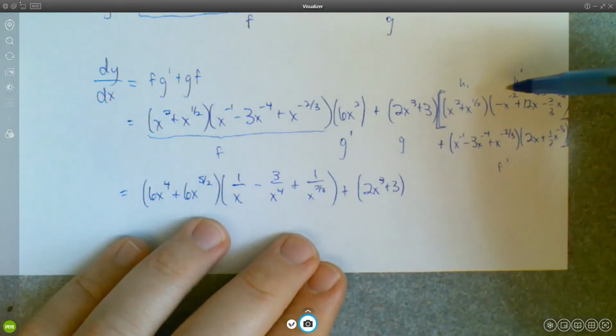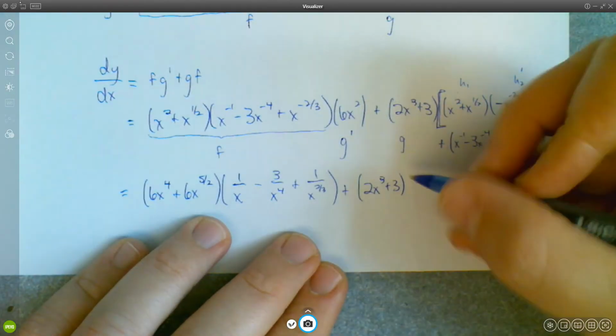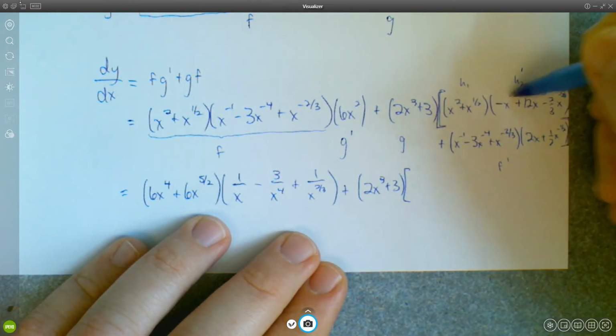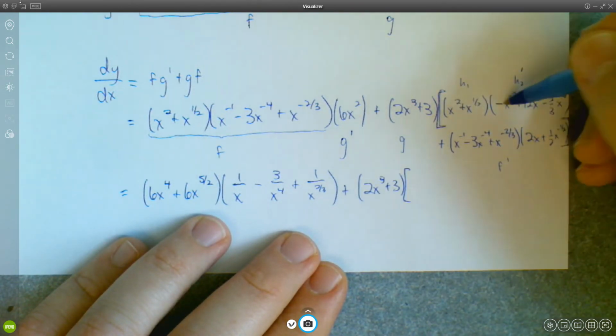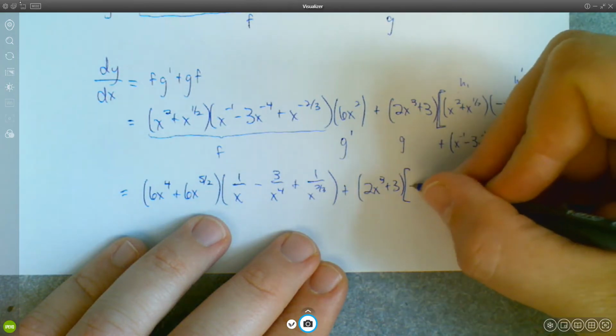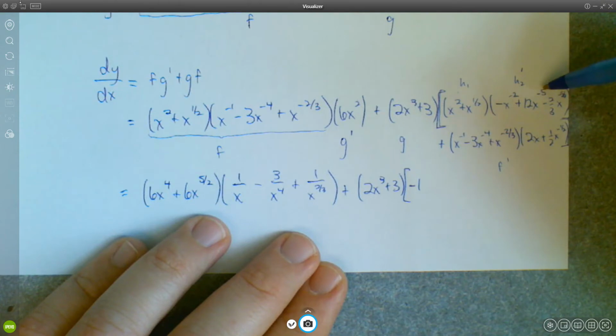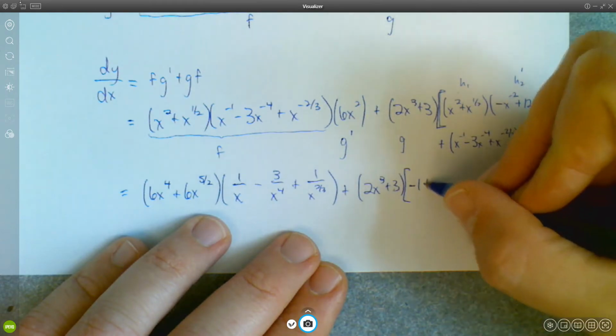It's not going to be pretty. Well, let's do it. Let's see what we get. So x squared times x to the negative 2 would just be 1. So we have a positive 1 times a negative 1, so that's going to be negative 1. And then x squared times 12x to the negative 5, that's going to be 12x to the negative 3.